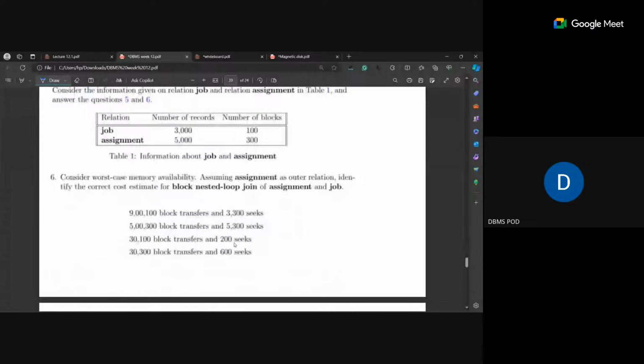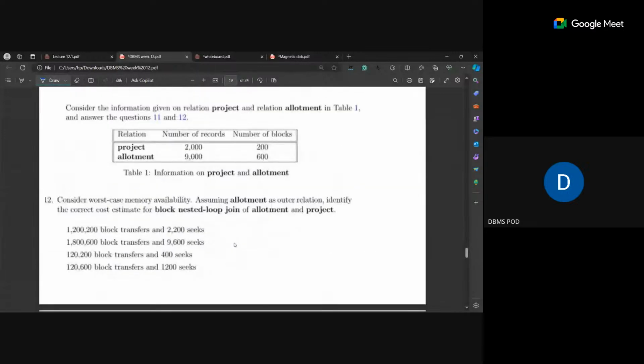Okay, let's solve that numerical then. Block nested loop. So what it will be?